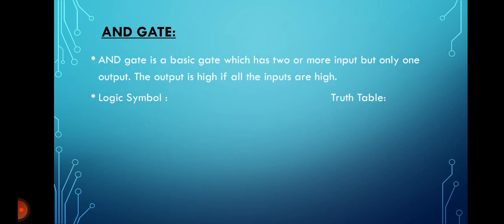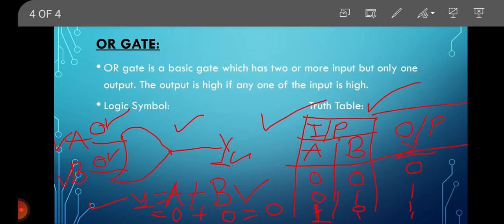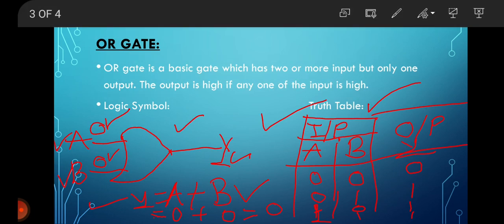Then next is the AND gate. So what is an AND gate? An AND gate is a basic gate which has two or more inputs but only one output, and the output is high only if all the inputs are high. We saw in the previous slide that in the OR gate the output is high if any one of the inputs is high.